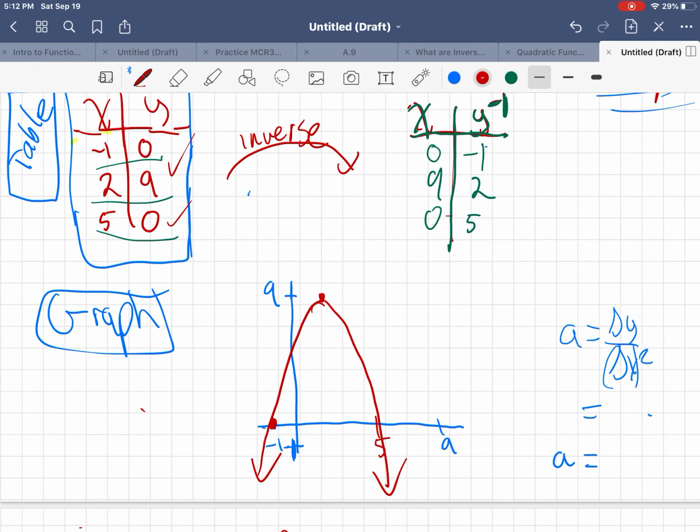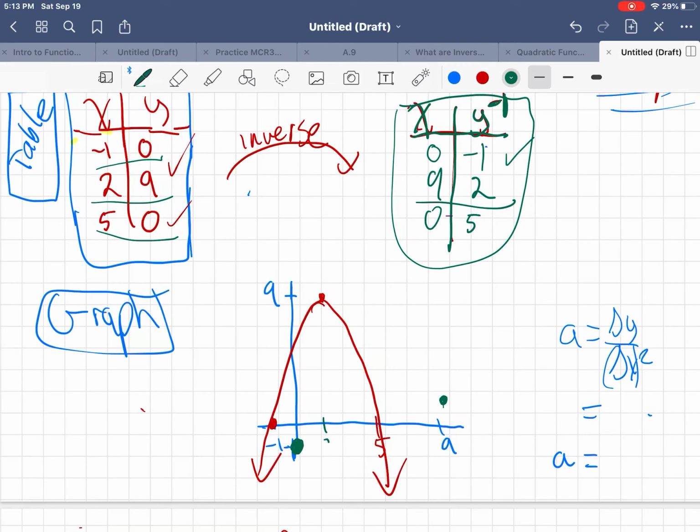While we're at it, we might as well make a graph of the inverse. Again, our x-intercepts become our y-intercepts. The first point is 0, -1, right there. Then it's 9, 2, all the way out to 9 and up to where 2 would be, which might be right about there.